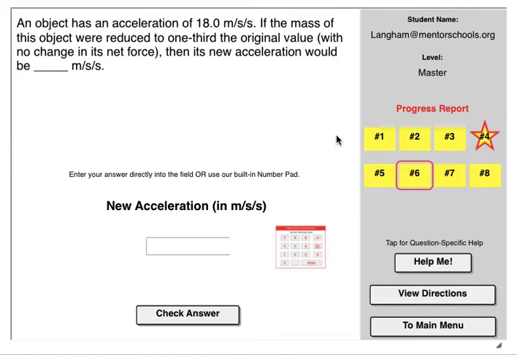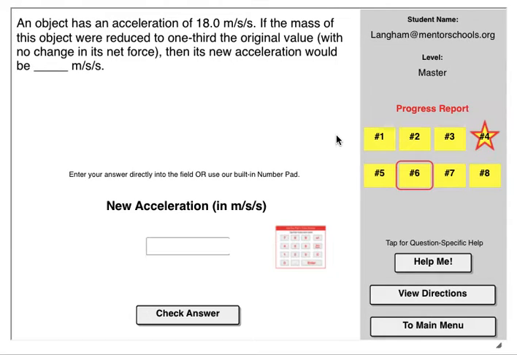This one says an object has an acceleration of 18 meters per second squared. If the mass of this object is reduced to 1/3 of the original value, then what's going to happen to the acceleration? Well, the mass is going down. That means the acceleration is going to go up. It's going to speed up at a higher rate. Once again, we're just going to flip the fraction here.